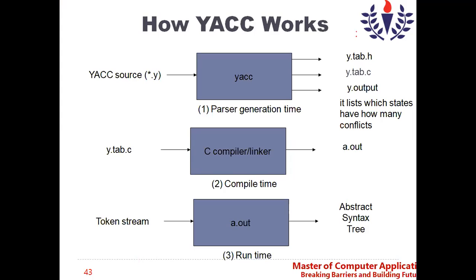These files are generated once you execute the Yak command. When you call CC, at compile time, y.tab.c is the input for CC and it creates a.out. When the tokens are given as input to this file at run time, it creates the abstract syntax tree, which comes out from Yak.